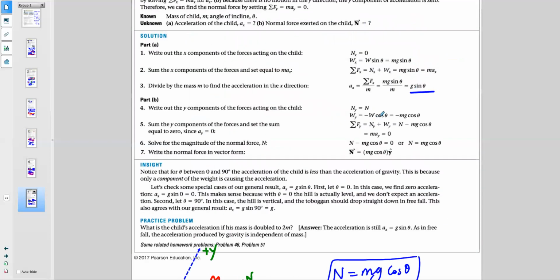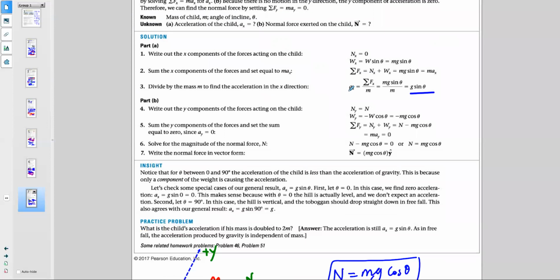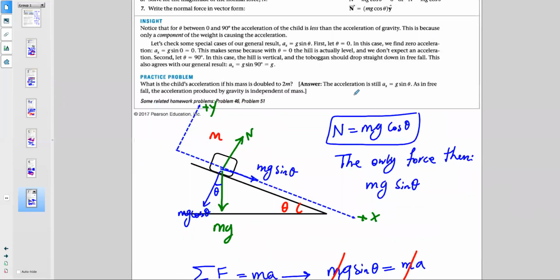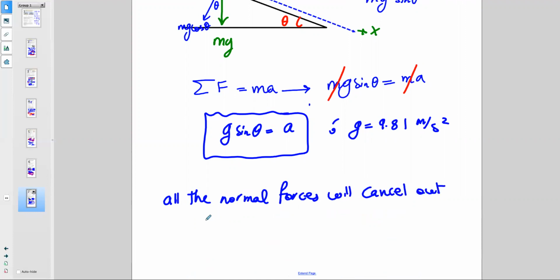So a equals g sine theta. Now part B is asking, what is the normal force exerted on the child by the toboggan? As you know, as we've talked about it, the normal force and mg cosine theta cancel out, which means that the normal force is mg cosine theta.